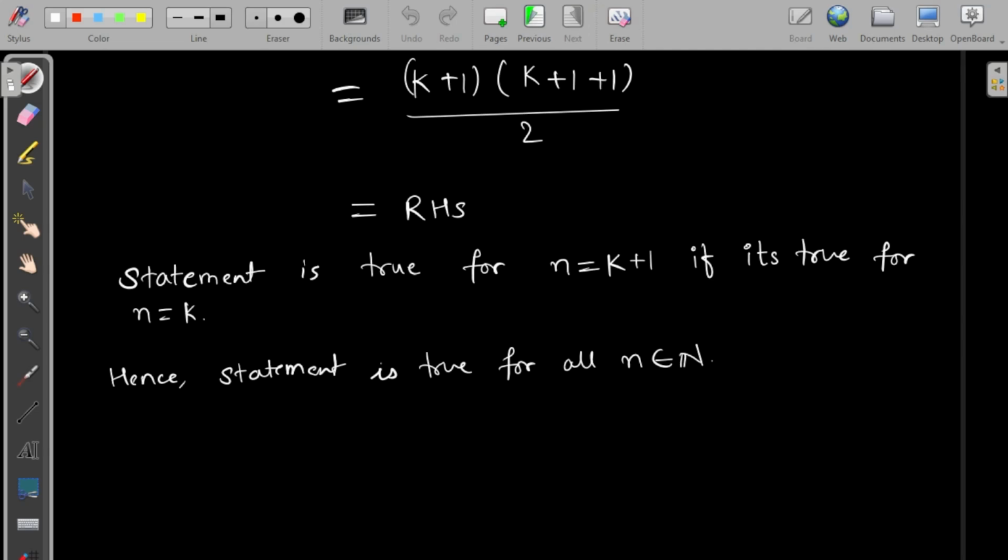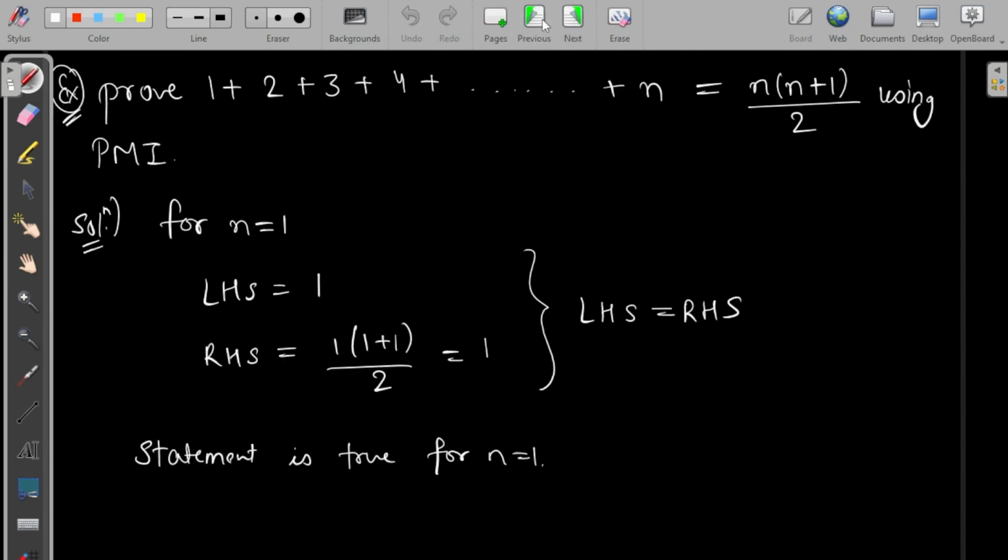Now, this method is useful to prove inequalities as well. As you learn it further, you will explore that not only equalities, but using the same principle we can prove so many inequalities as well. It is helpful for so many modern proofs.